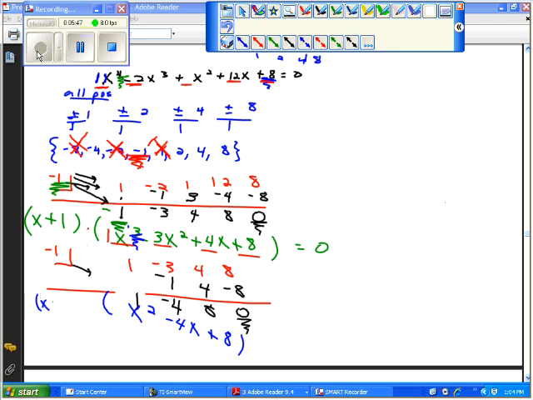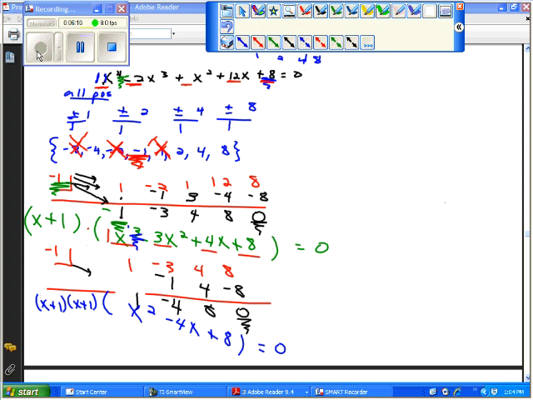And now we've got an x plus 1, another x plus 1, and then all of that equals 0. So we've gone from a quartic to a cubic to a quadratic. Once we get to a quadratic, then we can solve by factoring or the quadratic formula.